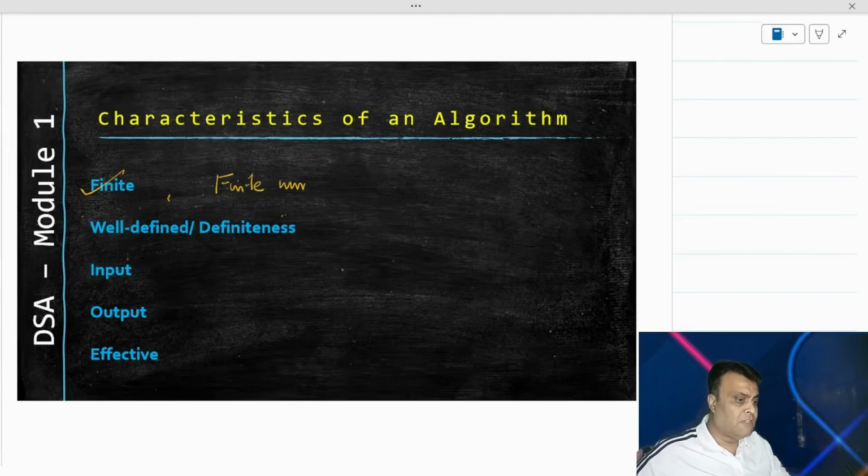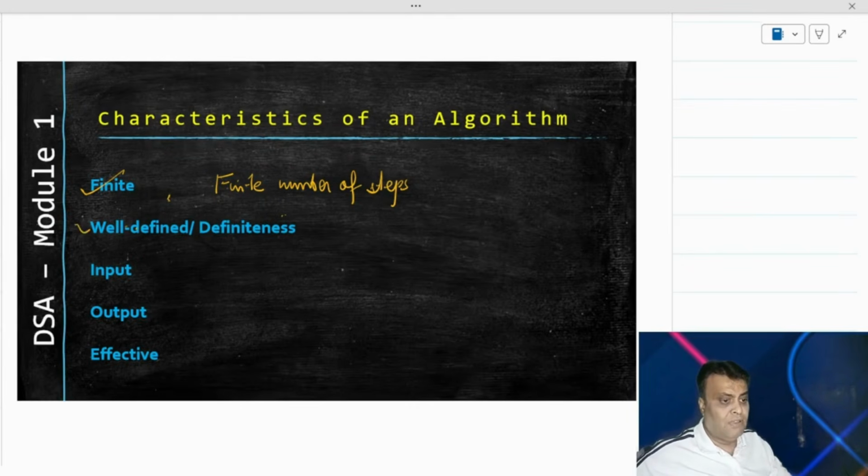So this is what defines whether you have an algorithm or not. If an algorithm doesn't have a finite number of steps, then it is not an algorithm, it's something else. So all your algorithms should be having a finite number of steps.